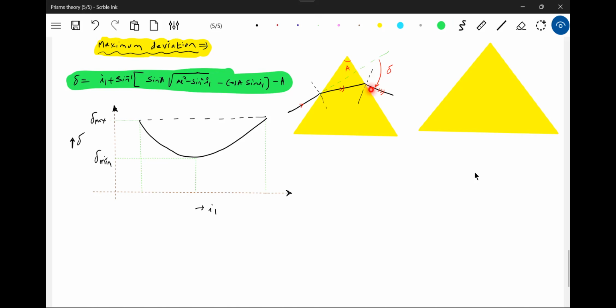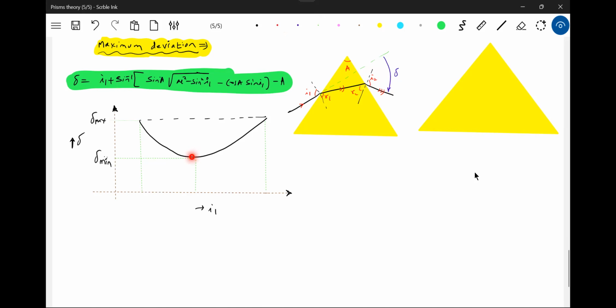This is the angle of incidence, R1, R2. This is the emergent angle, E, or I2. This is the deviation. Okay, got this?